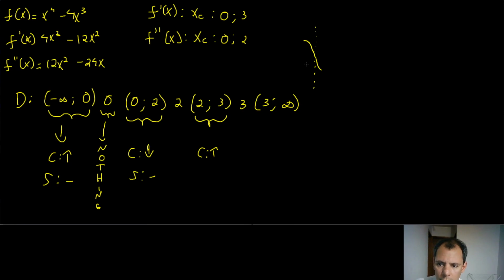And at 3, the tangent's going to be 0. So this is going to be x equals 2, and this is going to be x equals 3, okay? It starts having a concavity up. Well, in this point, the concavity is up, right?